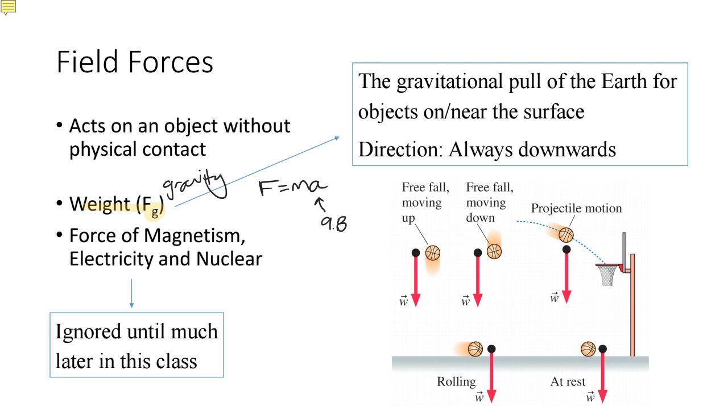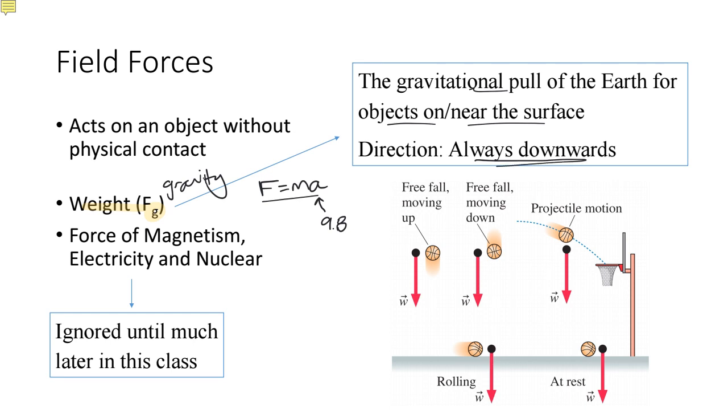This is considered the gravitational pull for objects that are on or near the Earth's surface. There's an entirely different gravity equation for objects that are way out in the universe somewhere, but for objects close to the surface of the Earth, we're going to use force equals mass times acceleration to calculate it.